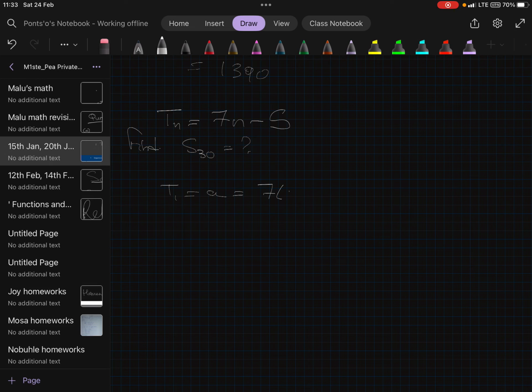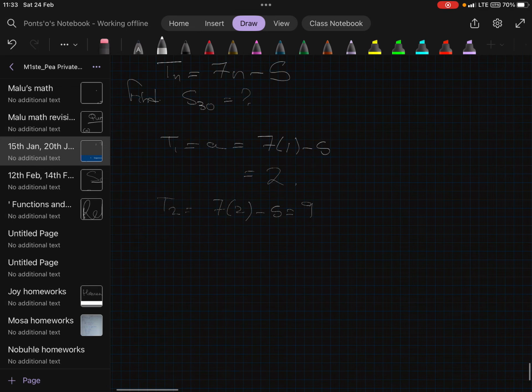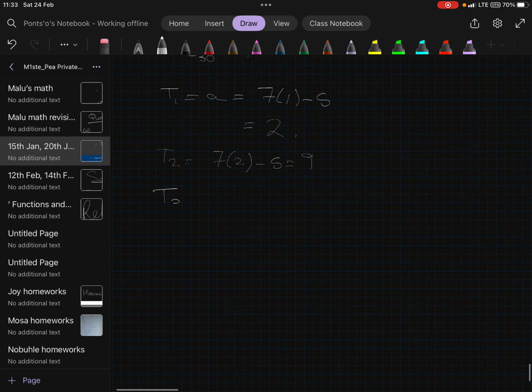So 7 into 1 minus 5 would give us 2. For the second term, we have 7 into 2 minus 5, which is 14 minus 5, which is 9. And for term 3, we'll have 7 times 3 minus 5, which is 21 minus 5, and that's 16.